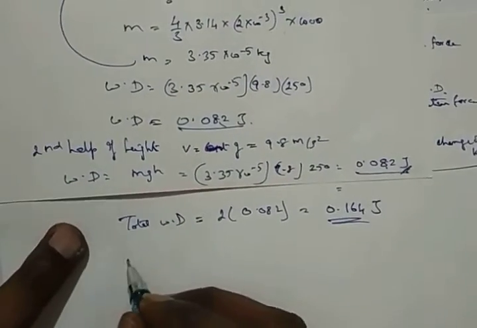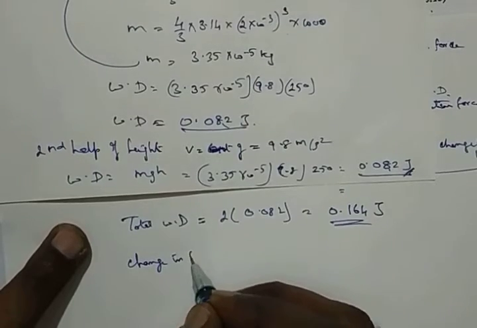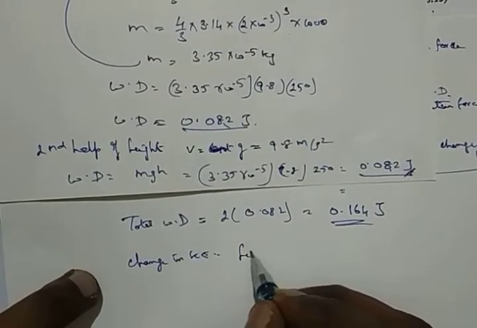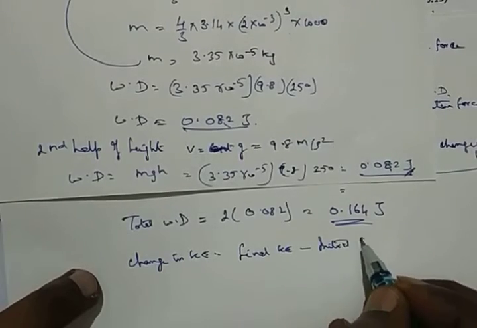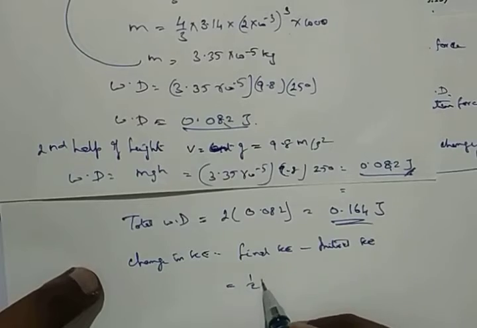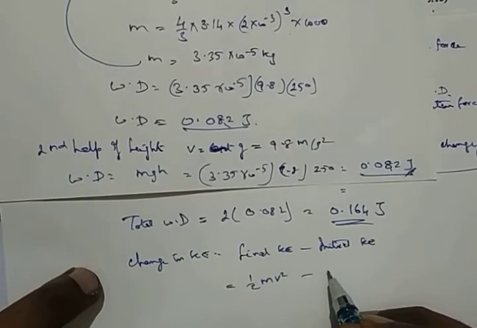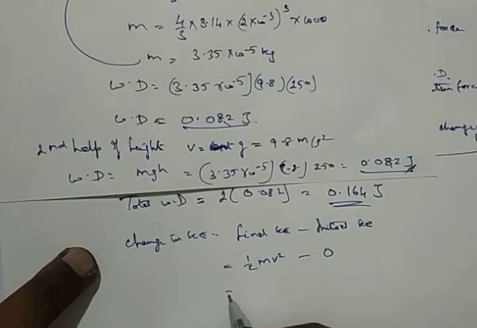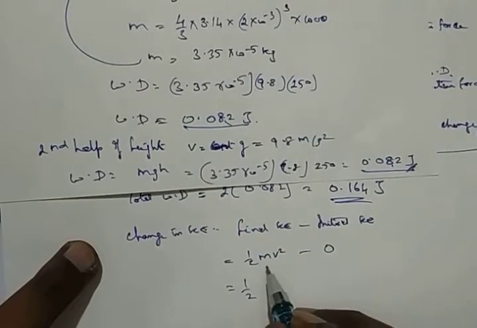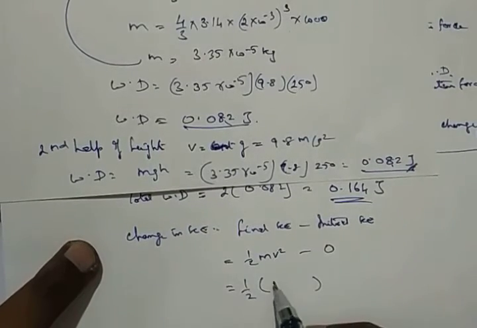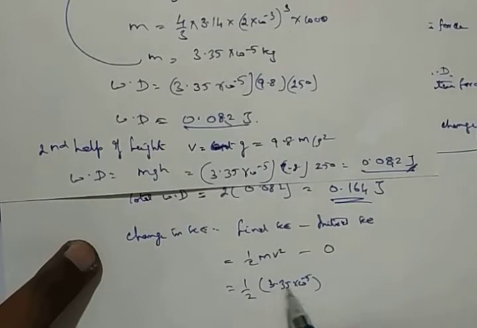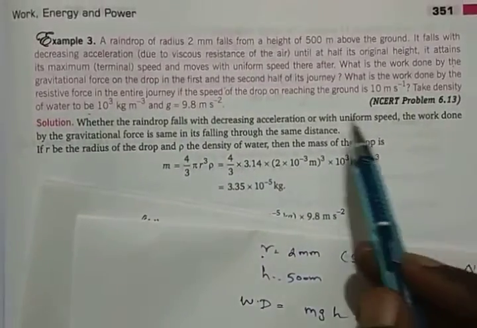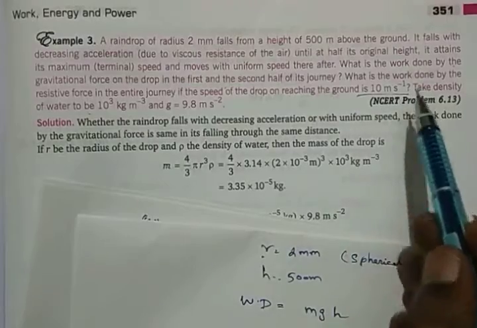Next one is change in kinetic energy, which is equal to final KE minus initial KE. So final KE is half mv square minus initial KE, which is 0. So we need to find out half mv square. Mass we already know, it is 3.35 into 10 to the power of minus 5 of the drop. What is the velocity? The velocity is given here in the book itself: reaching the ground at 10 meter per second.